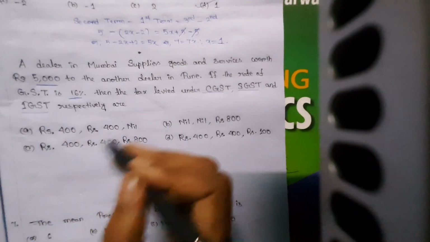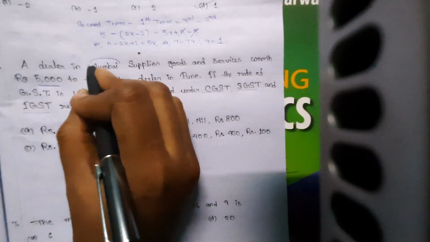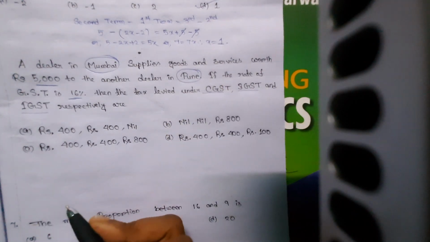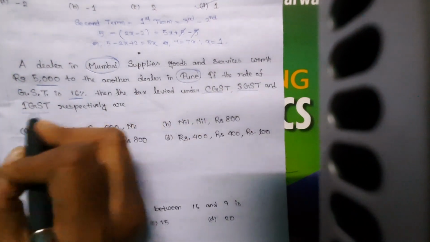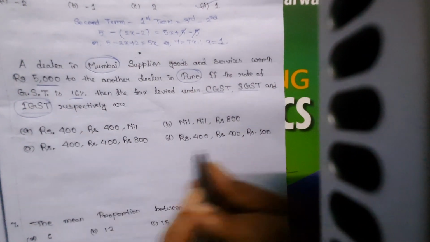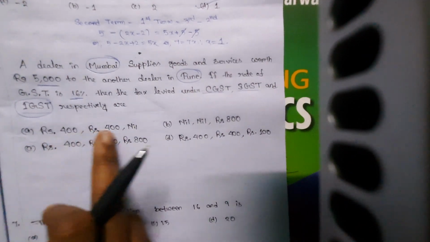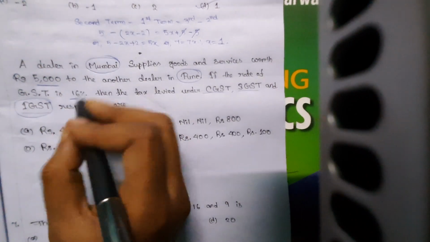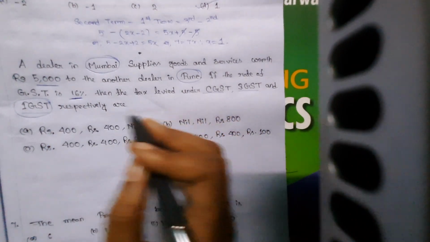Now you have to see this. Mumbai and Pune are within the same state, that is Maharashtra. So IGST will be 0, that is nil. So from the option test you can consider this one is nil. Now 16% is the total GST.